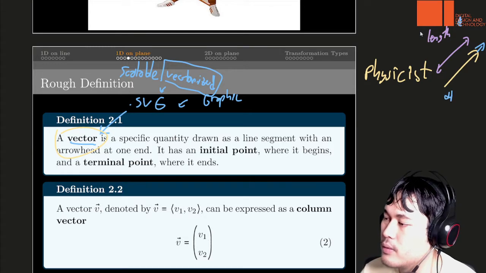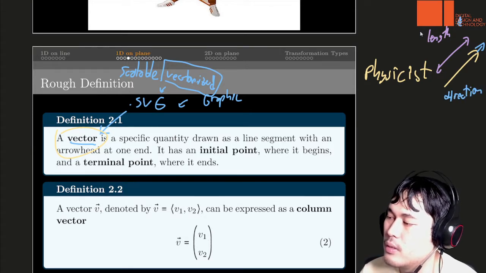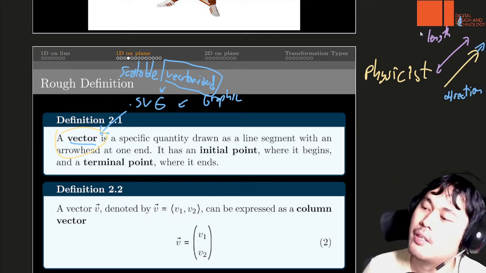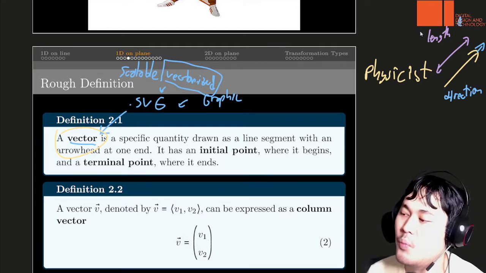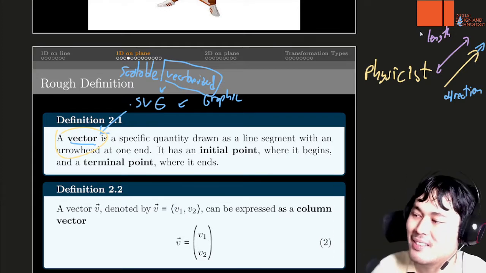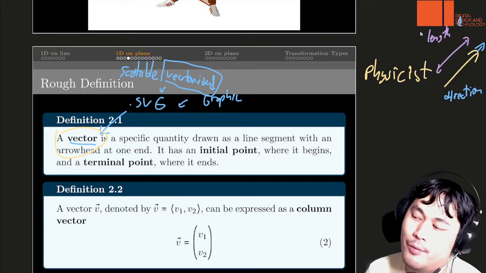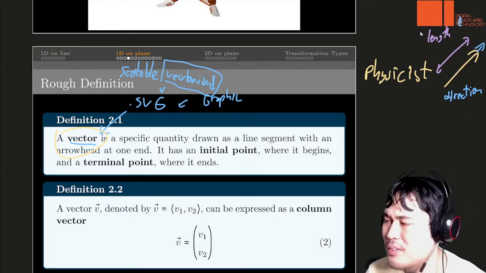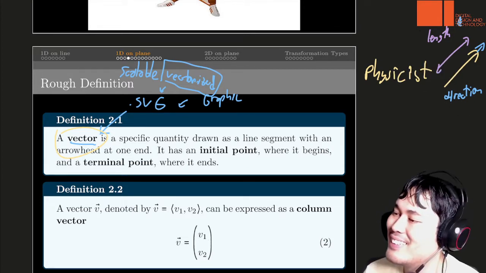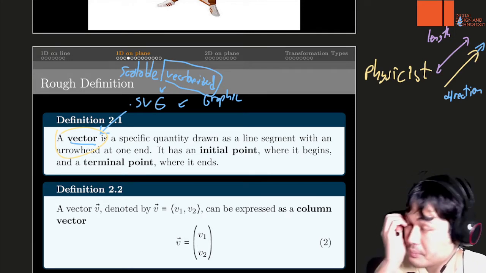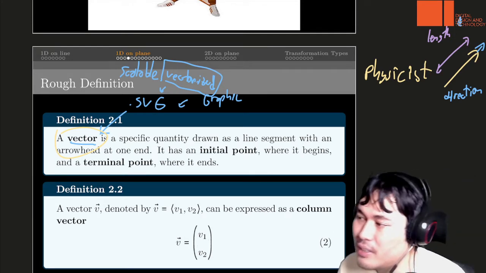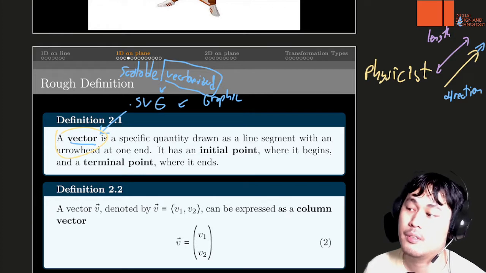If you can describe how long it is and where it is pointing, then you get yourself a vector, which is sort of abstract. But again, that might be the definition that most people are familiar with.